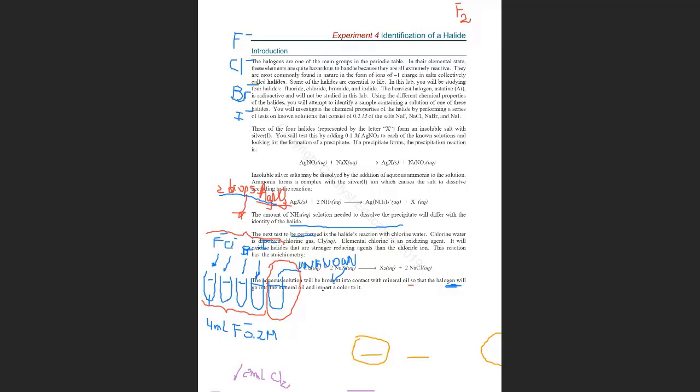What is the oxidation state on the product side? What happened with the chlorine water? It was reduced. Here, what do we have? A sodium and a chloride, right? The chloride has a -1, so the oxidation state is -1.